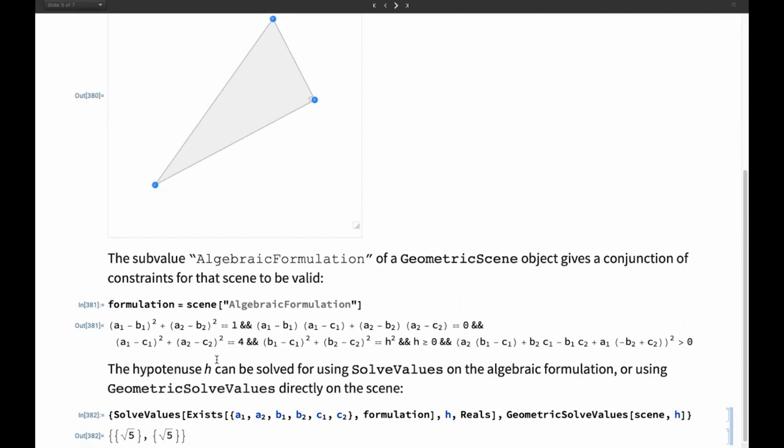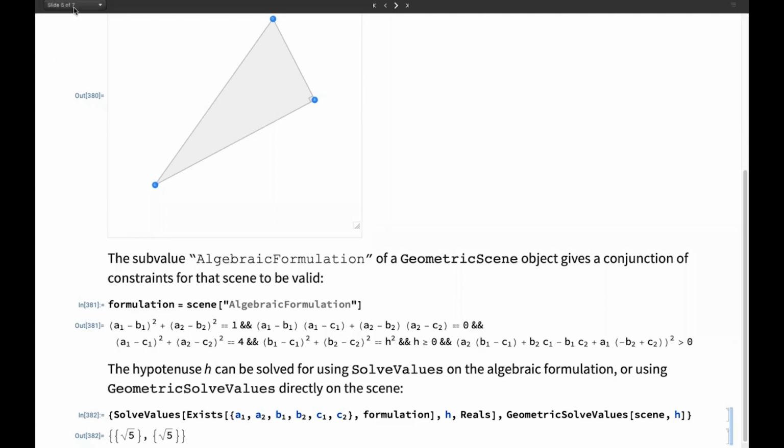No fault of SolveValues, there just can be much more complicated algebraic formulations than this. So in general, I wouldn't recommend it. GeometricSolveValues does some chicanery behind the scenes to speed things up.